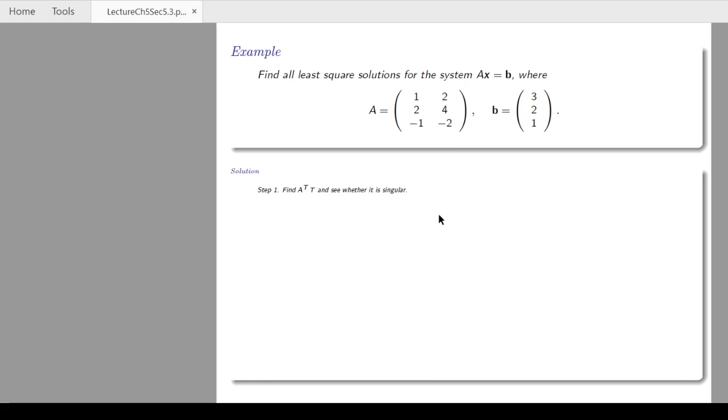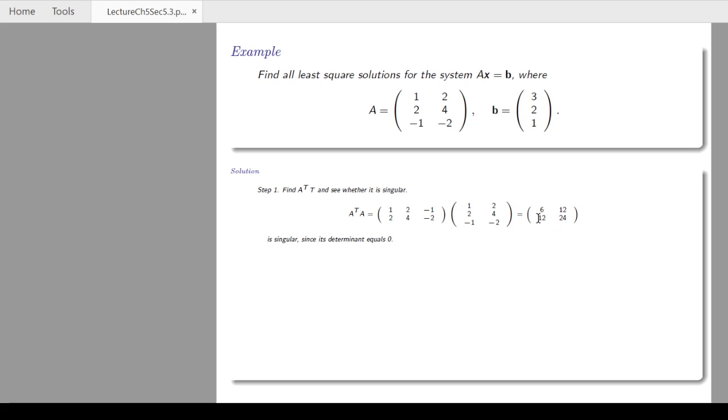Step 1, we need to find the product A transpose times A, and say whether or not this product is singular. Now we can easily calculate A transpose times A. So this is A transpose, this is A. Now this product, we got this.